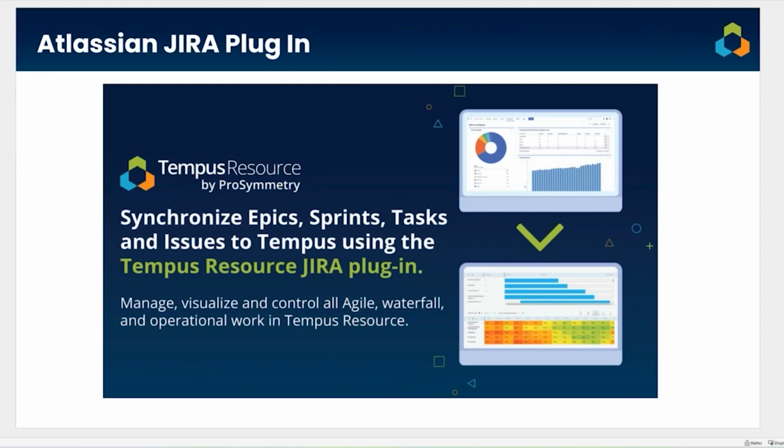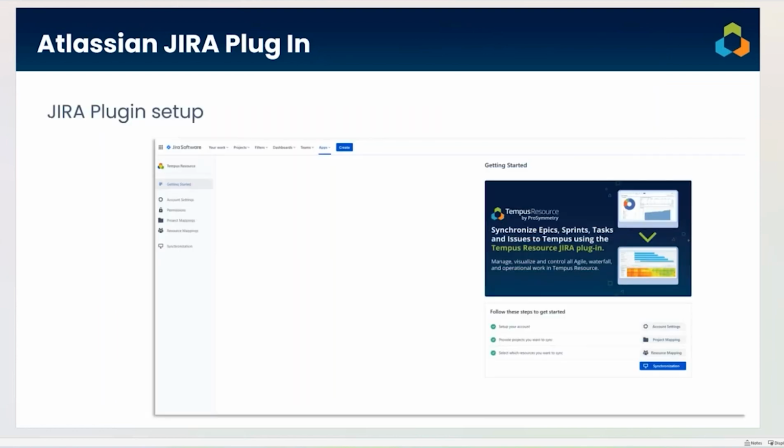So to address that issue, we developed our Tempus plugin for Jira. Think of this plugin almost like a digital bridge between your Jira and Tempus. It offers a streamlined interface from within Jira to easily push data from Jira to Tempus. This plugin is going to be available in the Atlassian Marketplace.